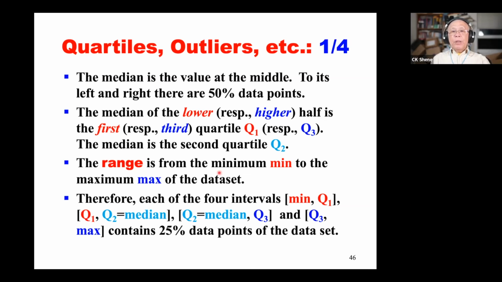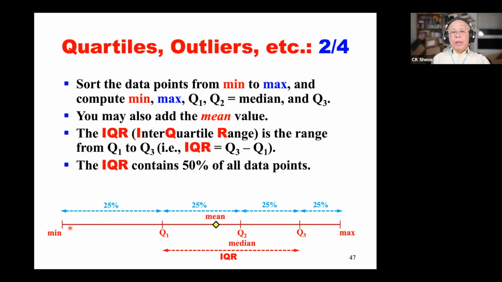The range is from the minimum to the maximum of the data set. Therefore, each of the 4 intervals from minimum to Q1, from Q1 to Q2, from Q2 to Q3, and Q3 to max contains 25% of the data points of the data set. Now, we could use a line to represent your data from minimum to maximum. Notice here, it's not dividing min to max at its middle point.